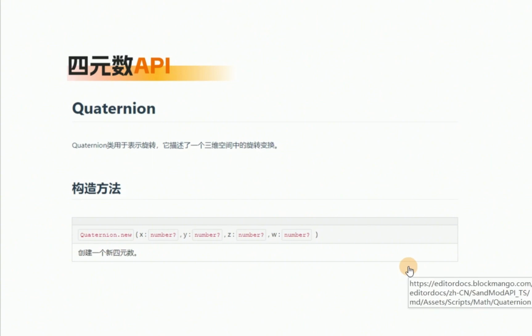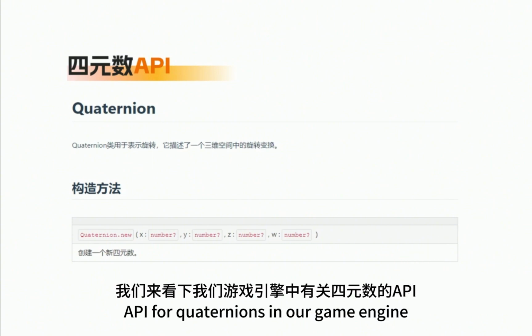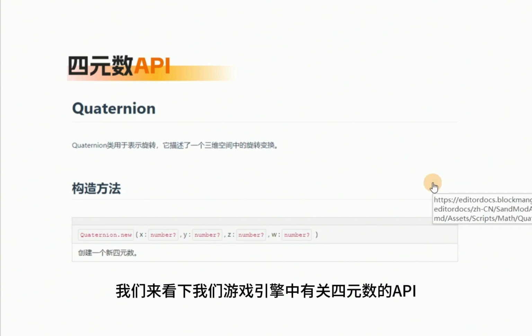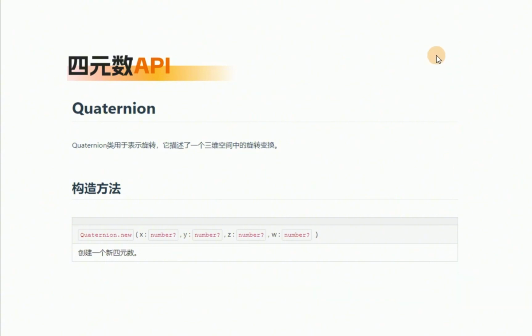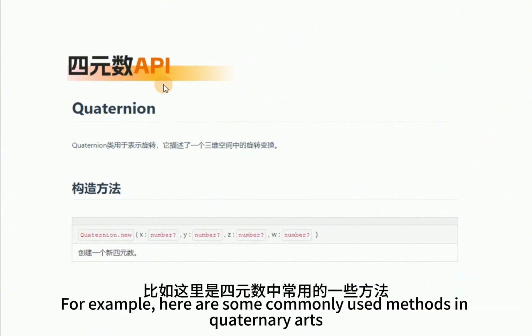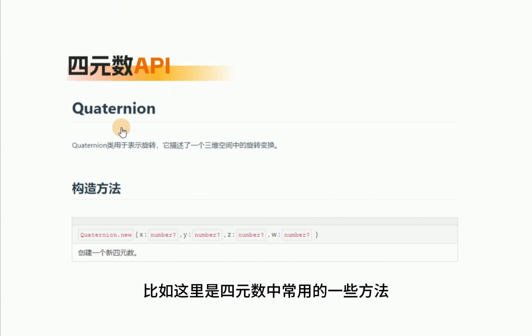Below, let's take a look at the API for quaternions in our game engine. For example, here are some commonly used methods of quaternions.